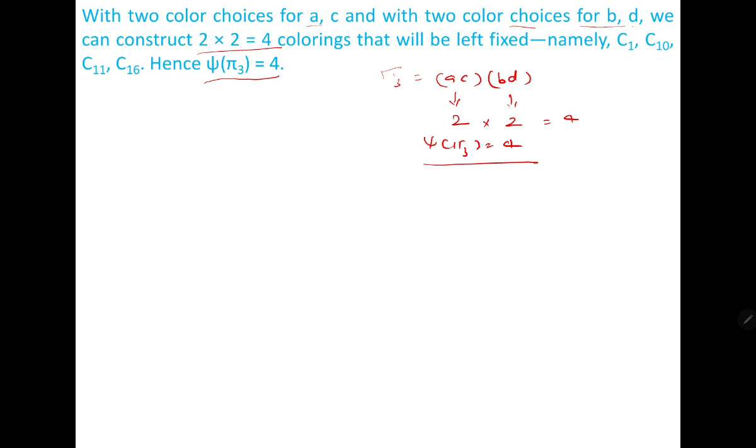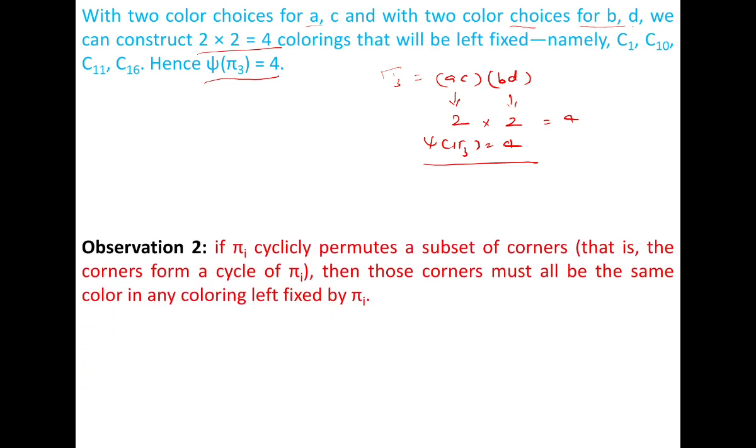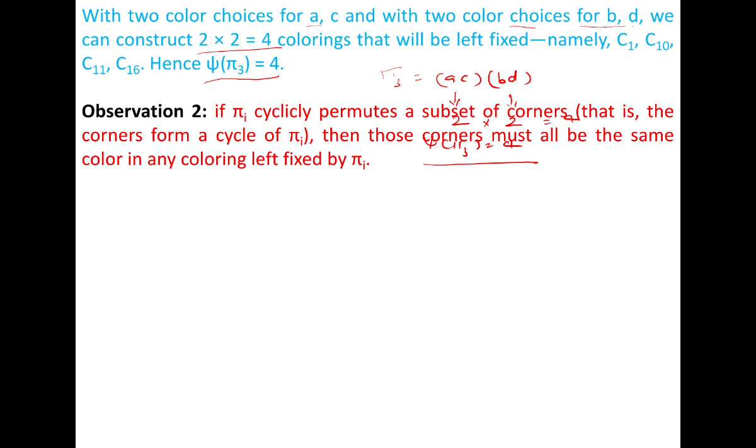If we can write the cycles for a symmetry, then we can easily compute psi of pi for that symmetry. The second observation says that if pi cyclically permutes a subset of corners, then those corners must all have the same color. So this is the example.